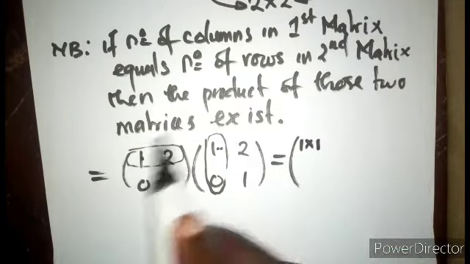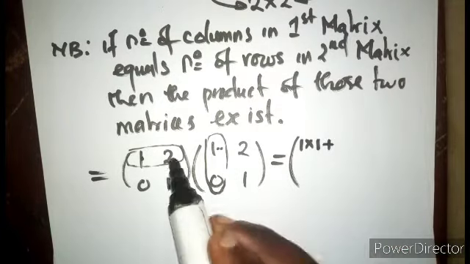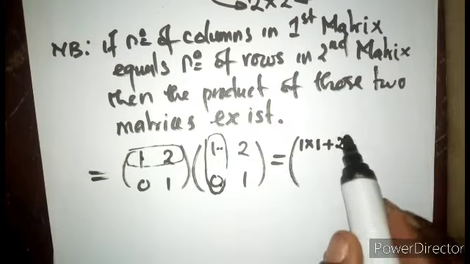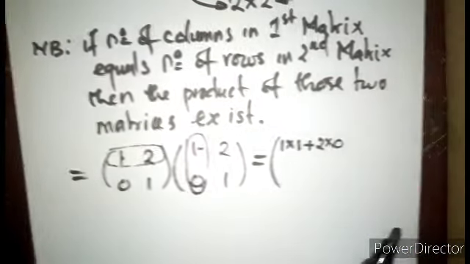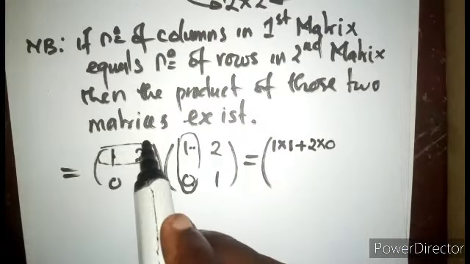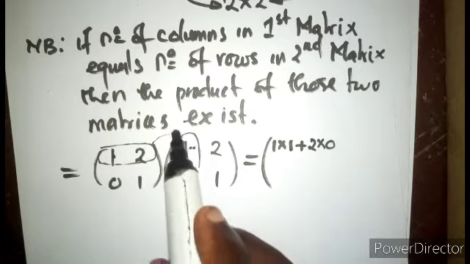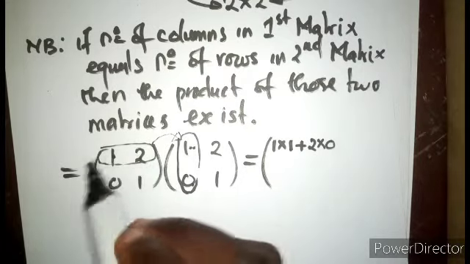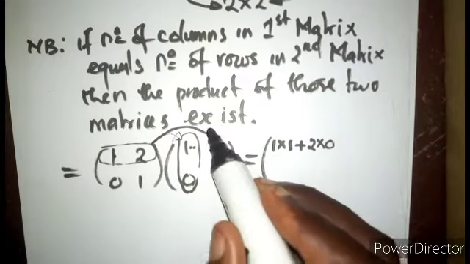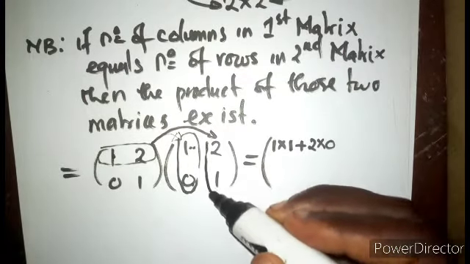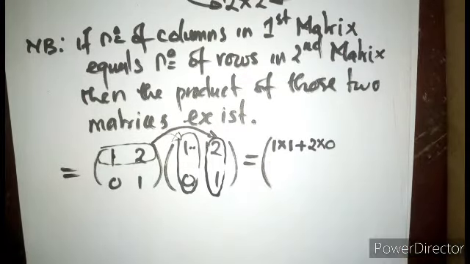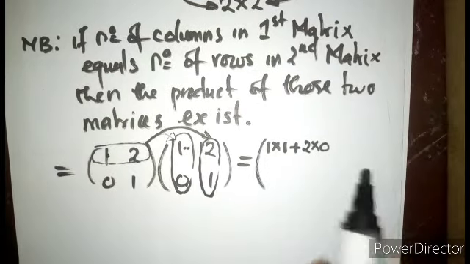Okay, we add it to what? 2 times 0. Okay, then after taking row for the first column, we now use the same row but now for what? The second column, and that will give us what?